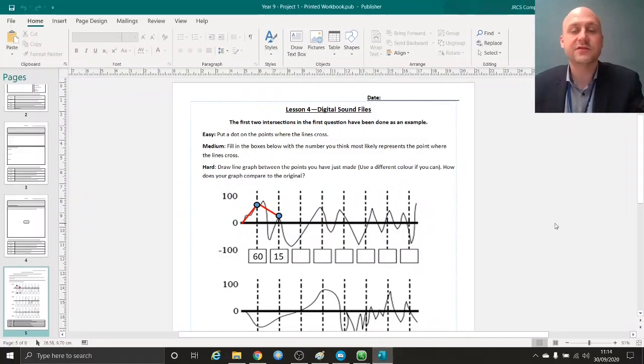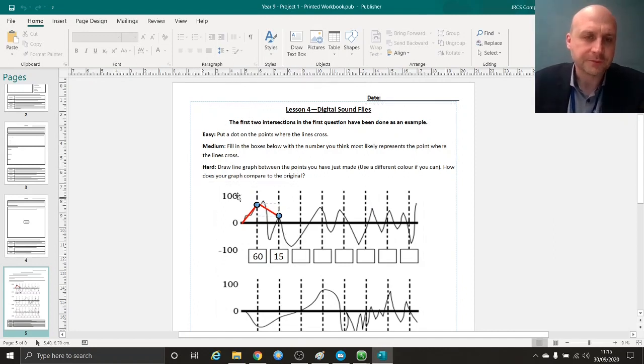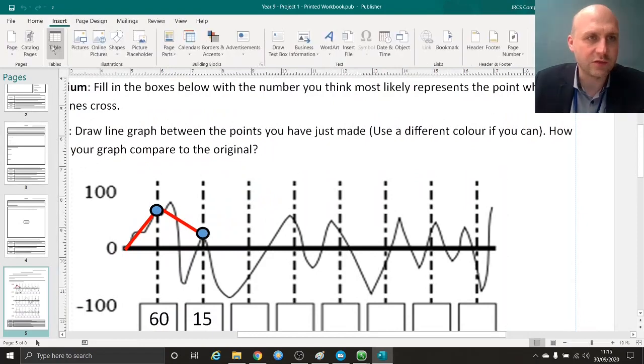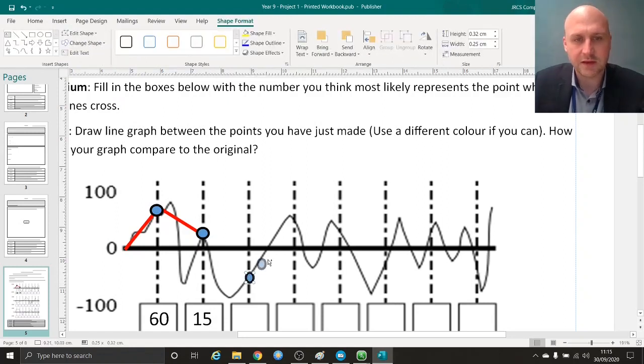Hi, so if you're in school and you have access to your booklet, the little starter task here that you might have already done or might be doing now is just trying to get across with a bit more. Actually, this demonstrates a bit better this waveform than the one I did in the video possibly, because it's more accurate to a waveform, much more jittery and all over the place. So what I want you to do here is draw yourself in with a pen where it crosses, where the lines cross.